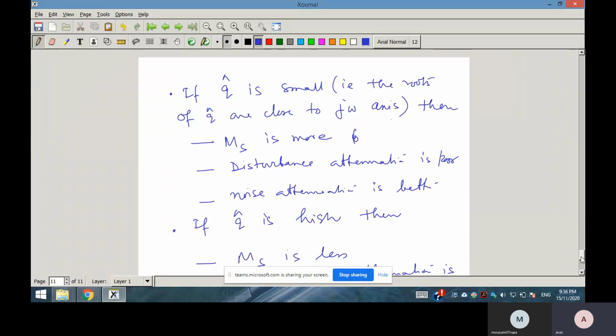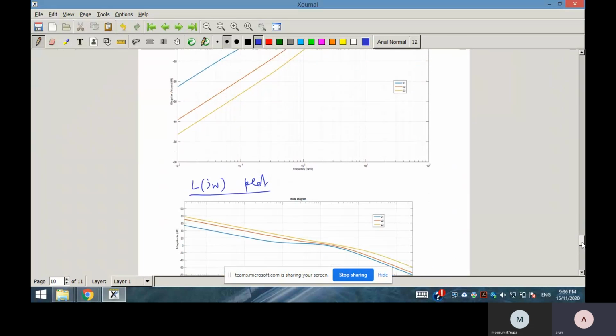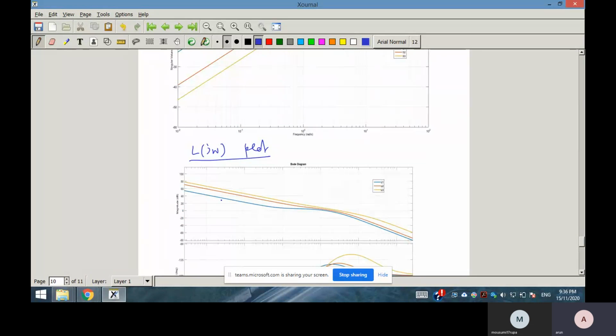Okay, so you can see the disturbance attenuation is also not too poor. It lies in between. So in this way, for a given practical system, you have to choose your Q hat.